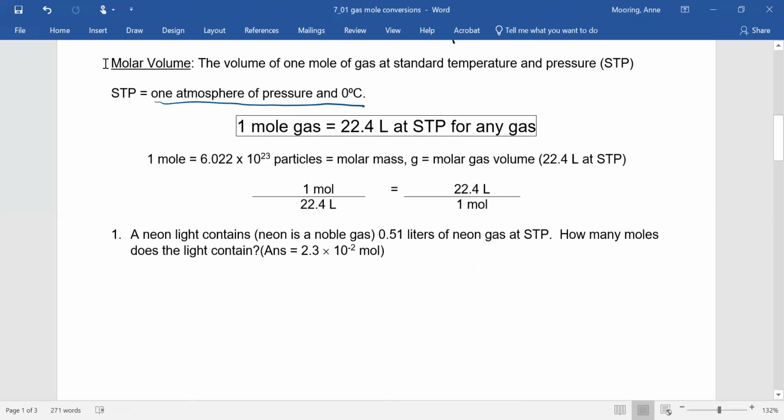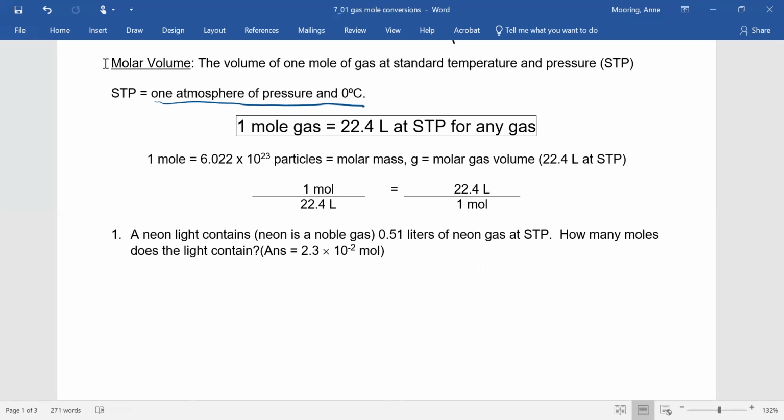This means that now we know that 1 mole is 6.022 times 10 to the 23rd particles. We can look at the periodic table for the molar mass, and we can use our new conversion, 22.4 liters per mole. So let's work through a few examples.